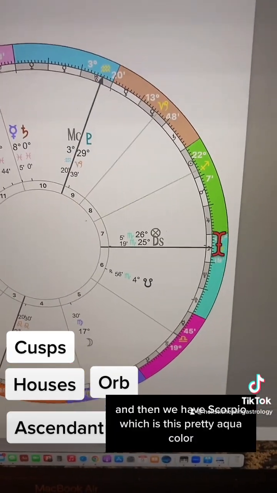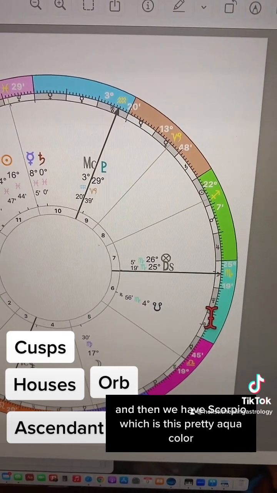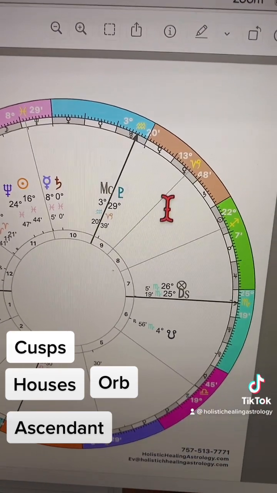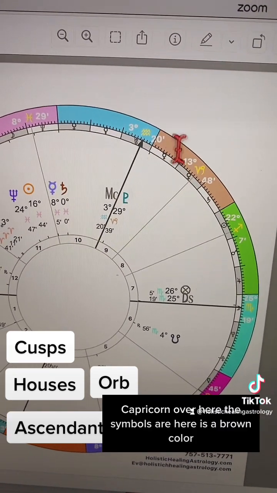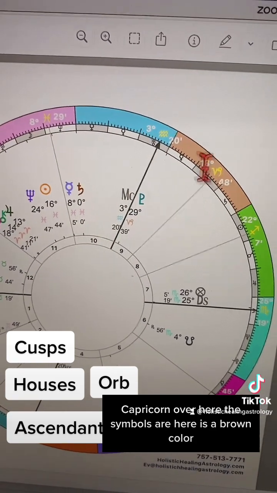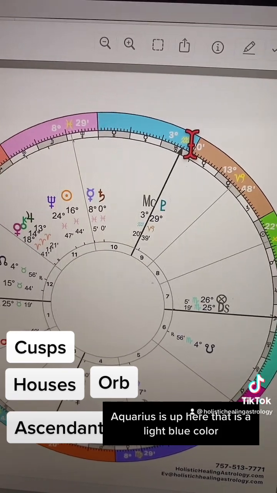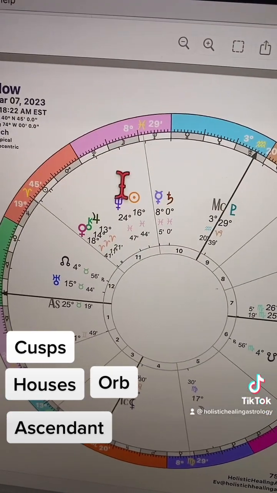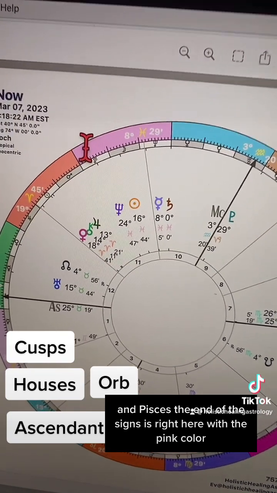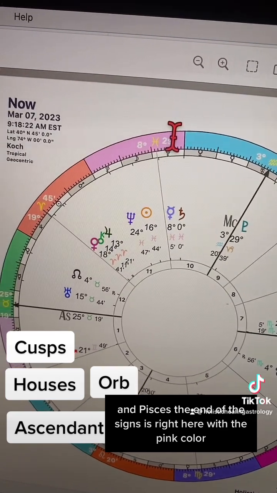And then we have Scorpio, which is this pretty aqua color. Sagittarius is a nice green color. Capricorn over here, the symbols are here, is a brown color. Aquarius is up here, and that is a light blue color. And Pisces, the end of the signs, is right here with the pink color.